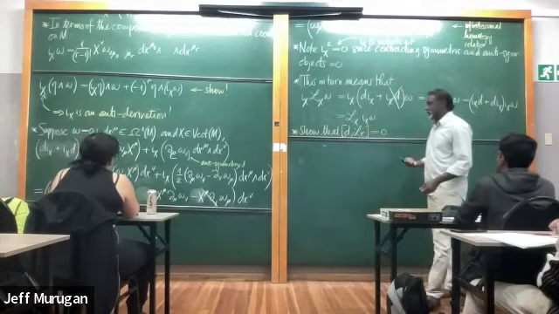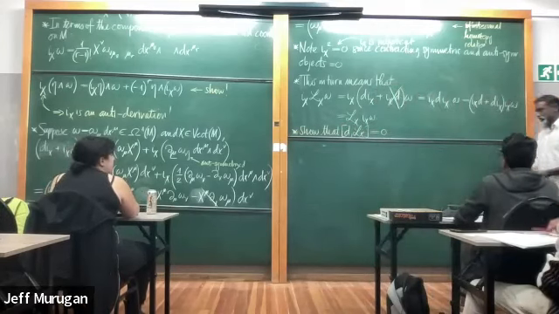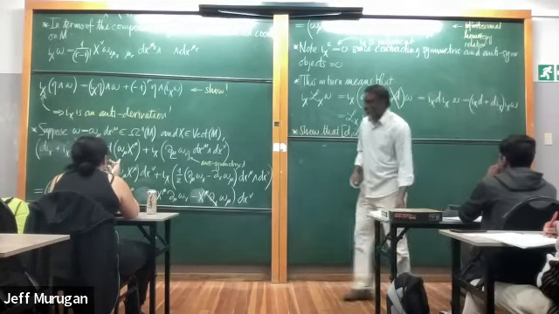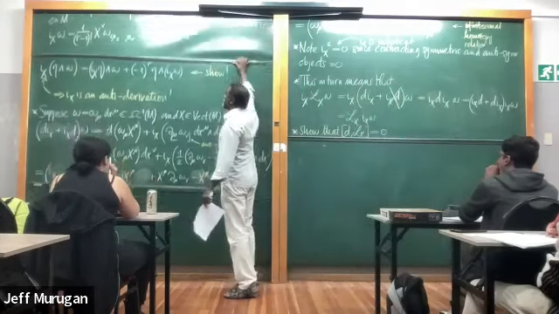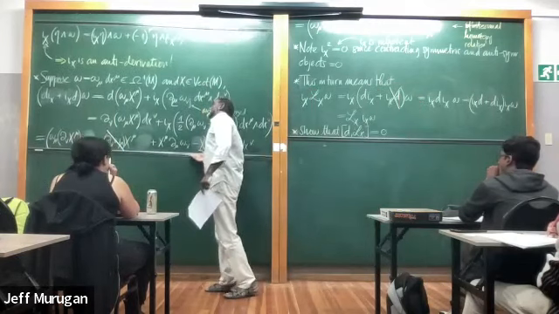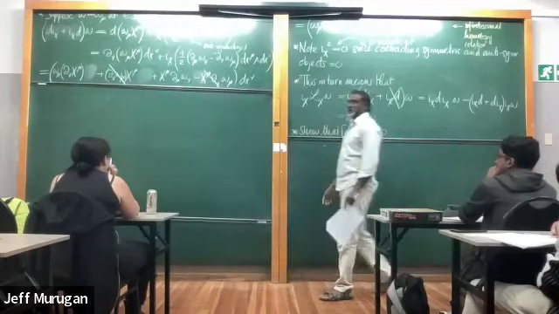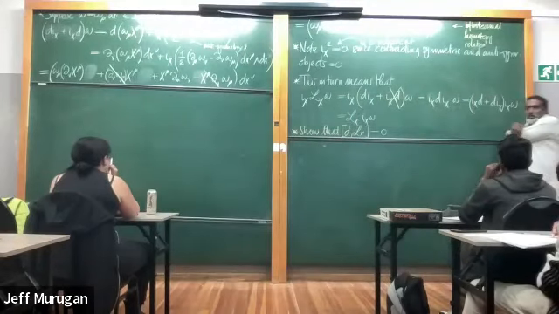Okay. Now let's put some of this stuff to use. What I want to do is take all this theory that we've been developing and show you how you can rewrite statistical mechanics in this language.